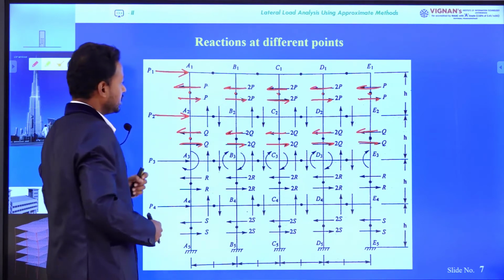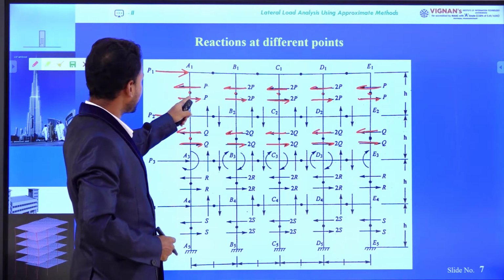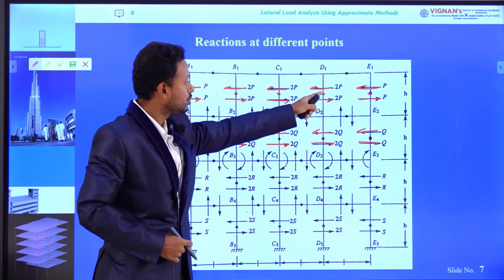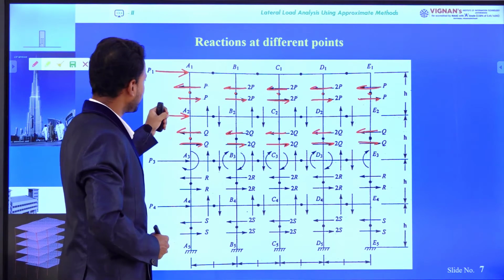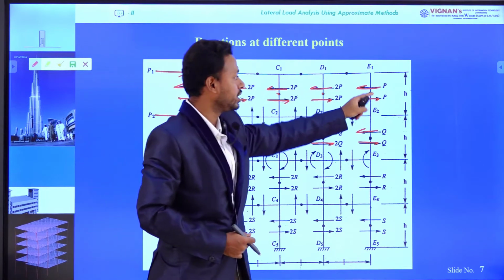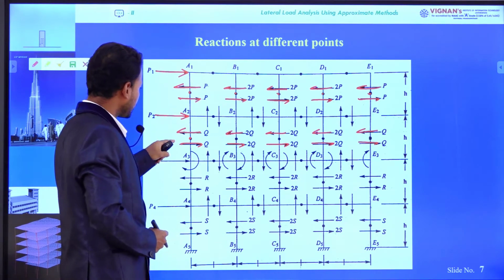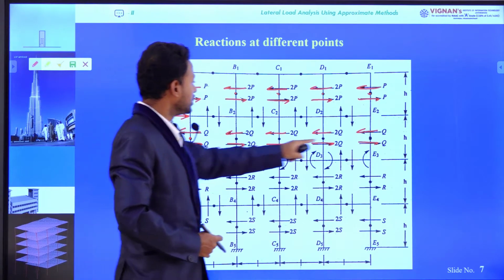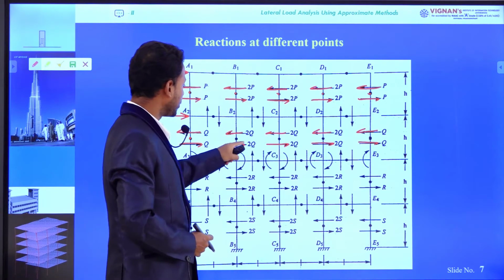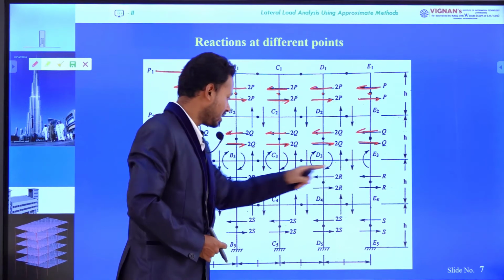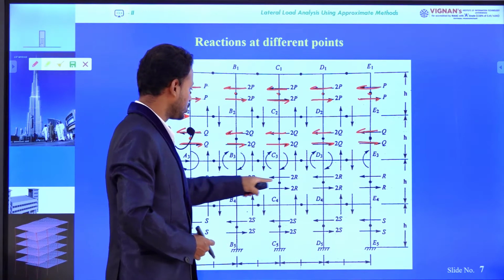Okay, just see here, the shear taken by the interior column is twice P, twice P, twice P, and the shear taken by the exterior column is P and P. This is for the fourth story. Third story, this is Q, this is Q, and the intermediate column is experiencing twice Q. This is R, and the intermediate column is experiencing 2R.